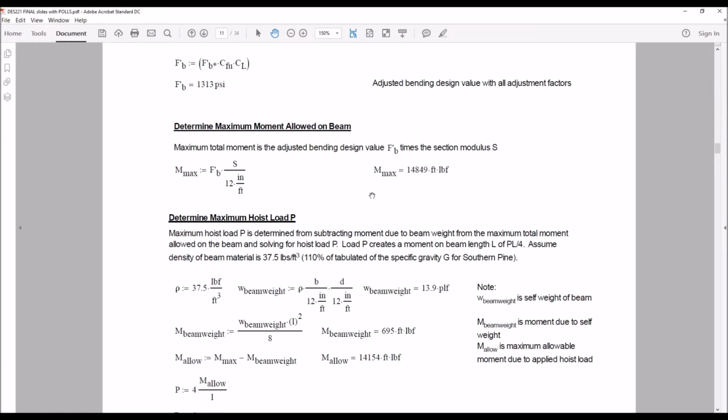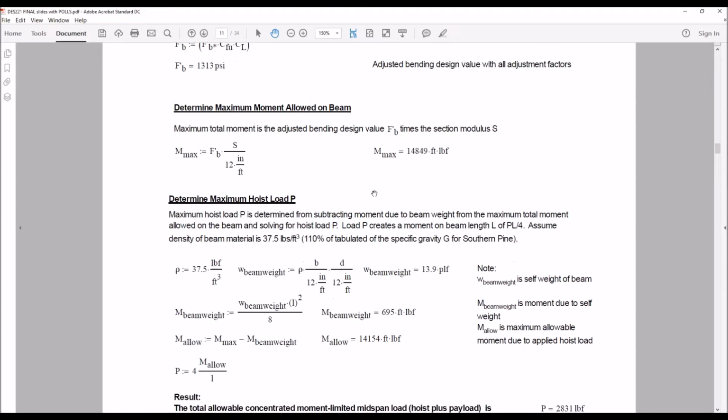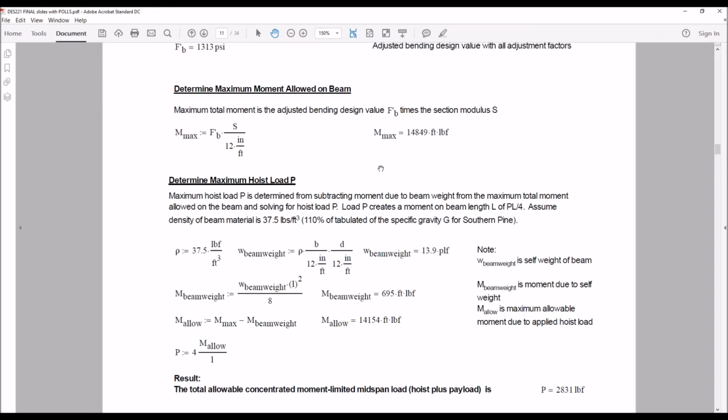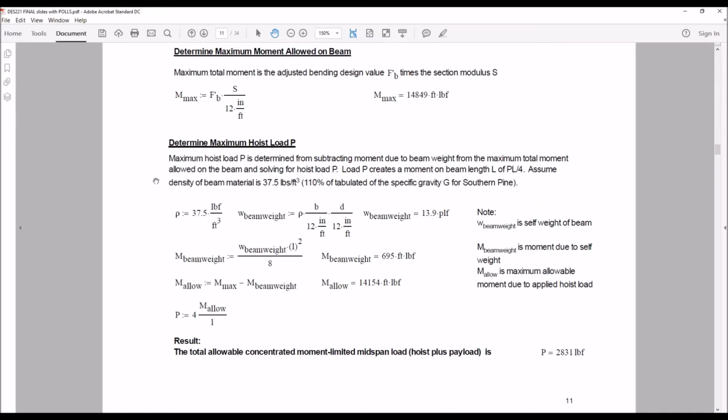So we calculate a maximum moment for this beam, and that's the total moment. So we need to account for not only the applied load, but the self-weight of the beam. For this next part, we use a little bit of engineering judgment, and we assume that the load for the beam weight is based on a density of 37.5 pounds per cubic foot.